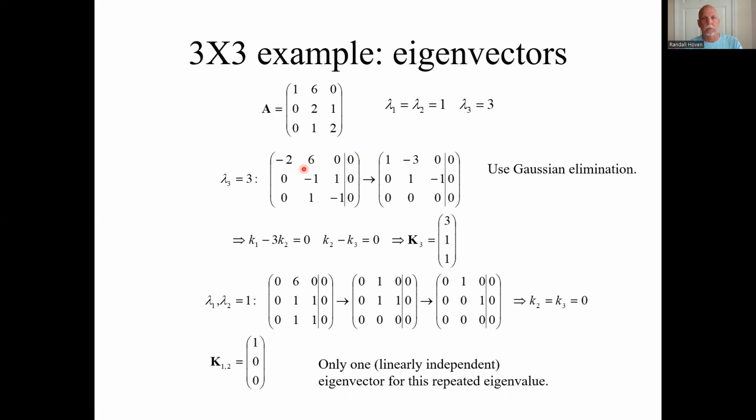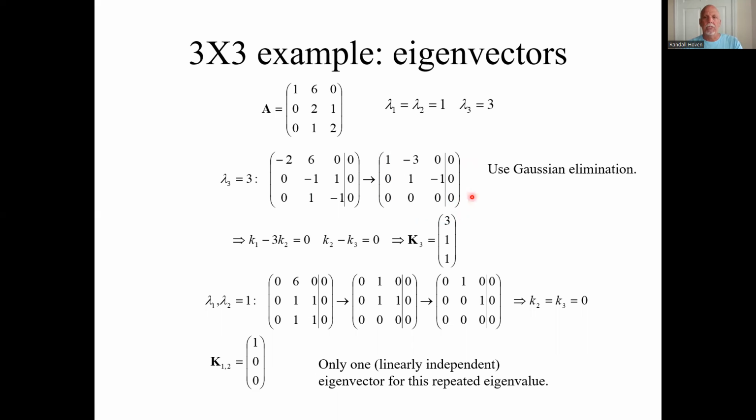I get a 1, minus 3, 0. Well, I won't go through all that. You can add this one to that one, and replace this one with it. So here it is after Gaussian elimination.